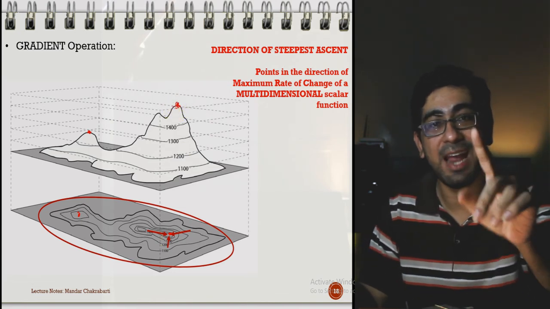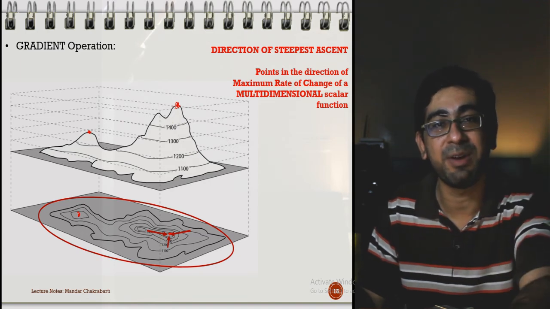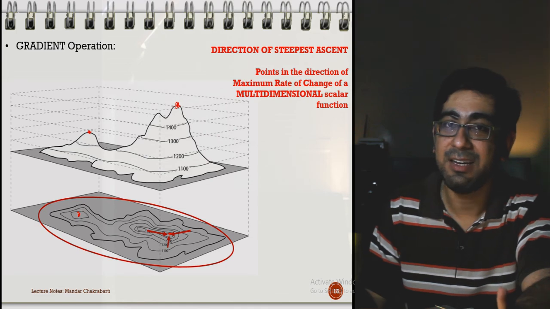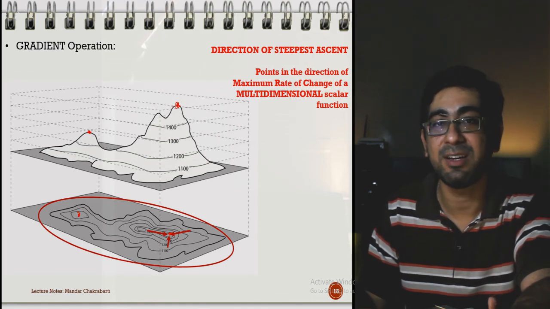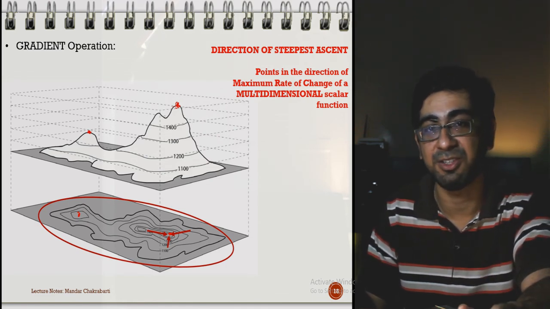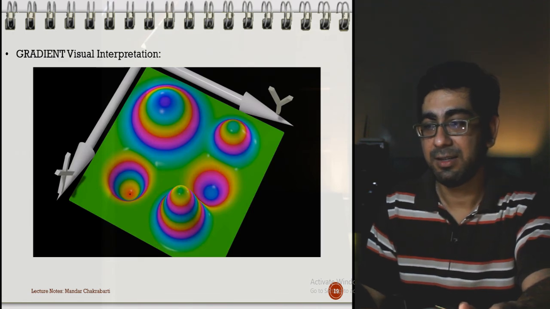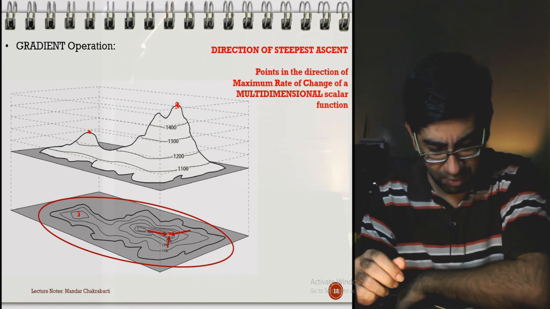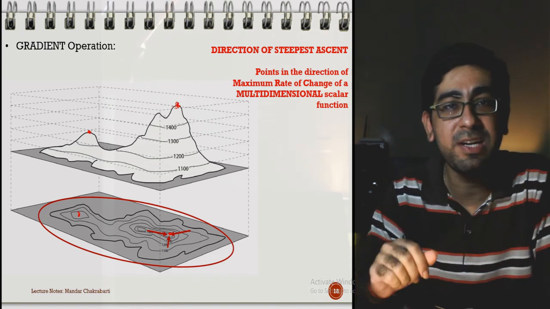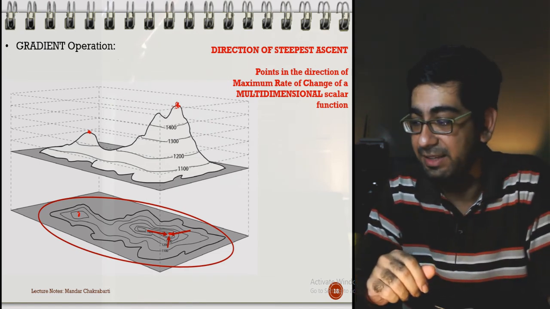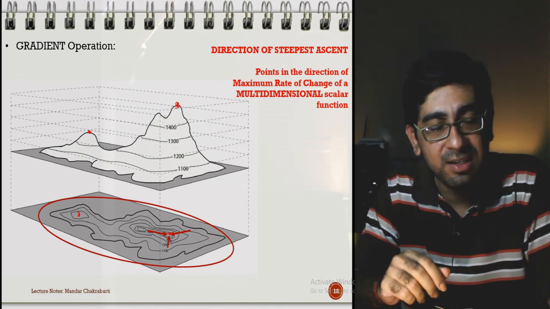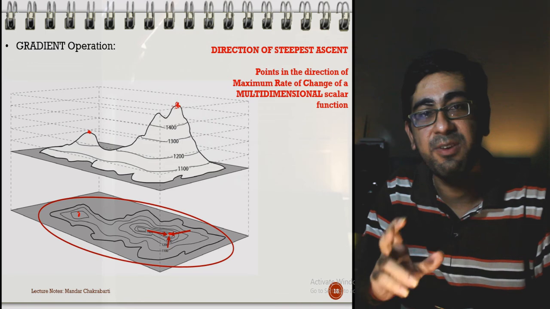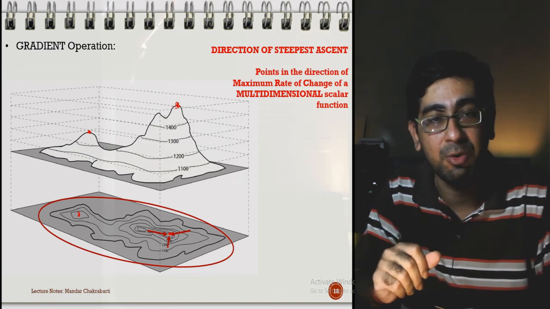Okay, so that was a practical implementation of your del operator, and this is when a del operator is used on a scalar function. And in the next video, I want to discuss more details with all of you regarding this del operator and how it can be applied to different vector functions now.